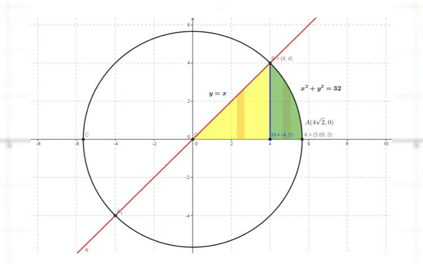So we have got three numbers on the x-axis, and those three numbers are 0, 4, and 4 times root over 2. So using these three numbers, we can now use the definite integral to find out the area of the region given in yellow color and the area of the region given in green color.